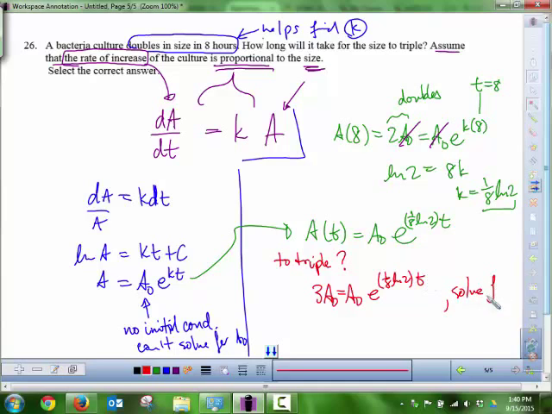And again, the A naughts cancel, and then we're just left to solve for t, whatever that turns out to be. And it is an actual number. Again, we didn't need to know the original size of the bacteria, so we're all good here.